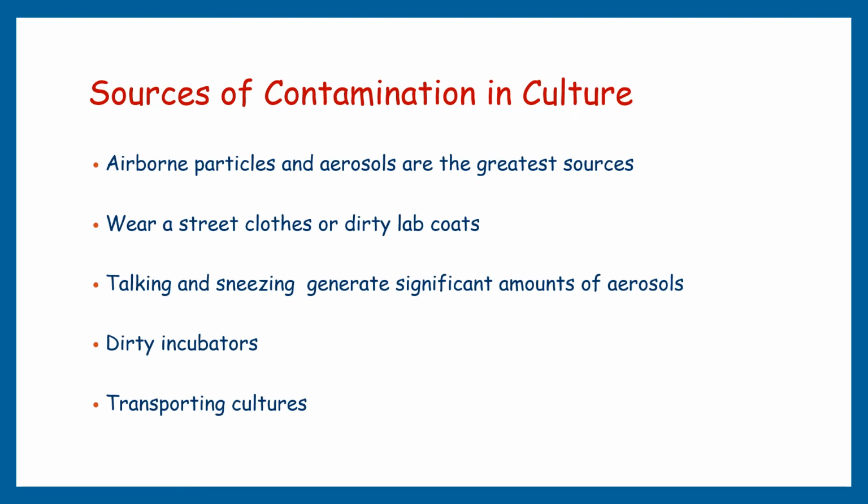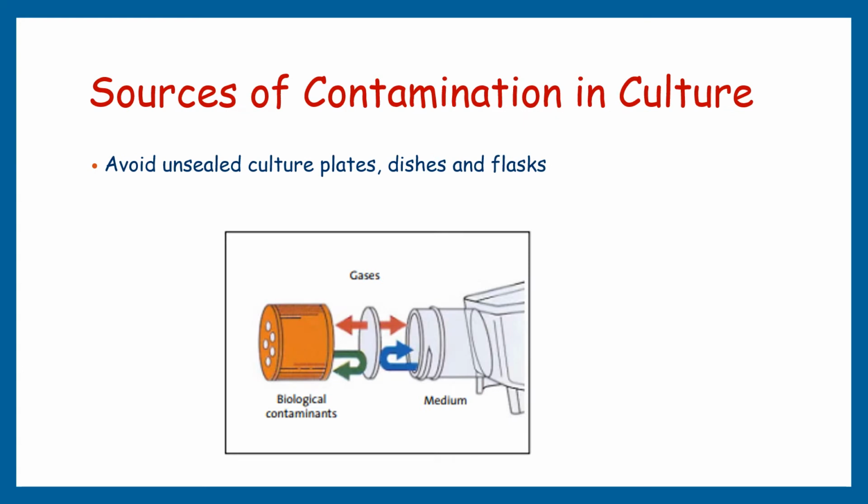While laminar hoods and incubators are the major sites where biological contamination occurs, transporting cultures between these two sites also provides opportunities for contamination. Unsealed culture plates and dishes, as well as flasks with loose caps to allow gas exchange, provide another common way for contaminants to enter cultures.